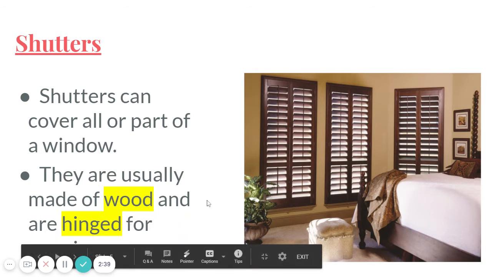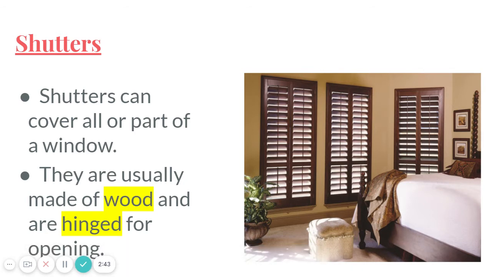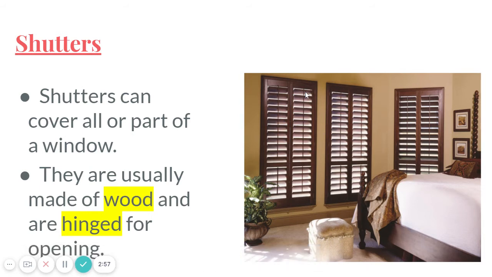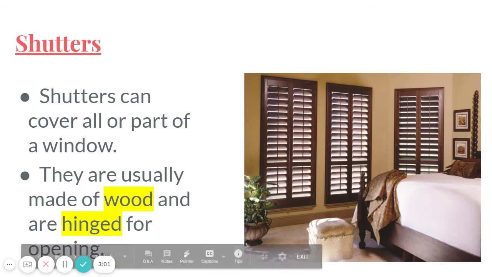And they are hinged for, what does it say behind the black box? Opening! Yeah, so you can open them like a butterfly, like a door, and then they have this little stick in the middle of each of them, and you pinch that stick and move it up or down, and that's how they open or close, tilt whichever way you want them to tilt.